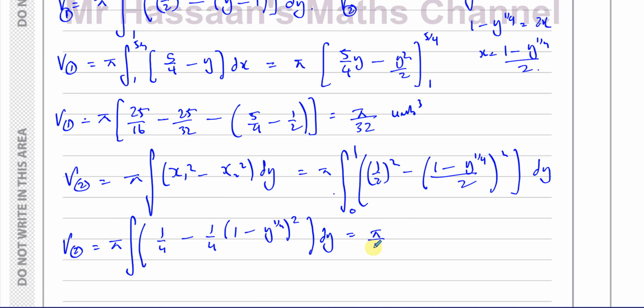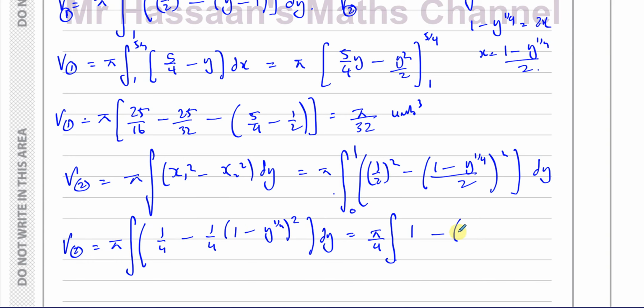So we have pi over 4 times the integral of 1 minus, and now I'm going to expand this part, because I cannot reverse the chain rule again. The differential of y to the power of a quarter is a quarter y to the power of minus 3/4, which we don't have outside. So I have to square this bracket to make separate terms that I can then integrate.